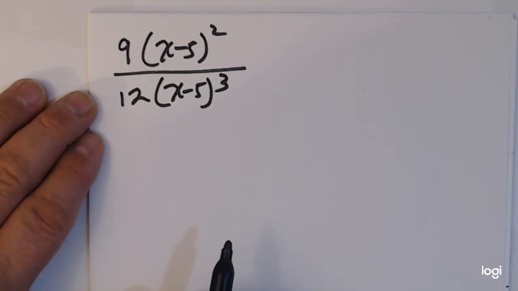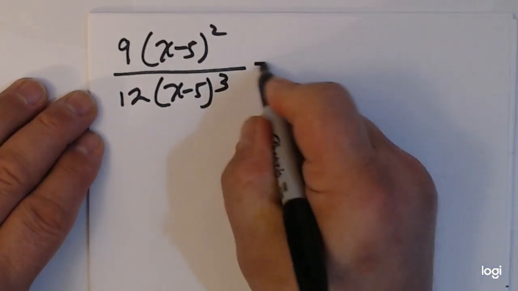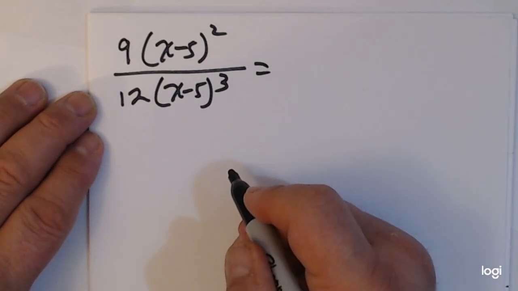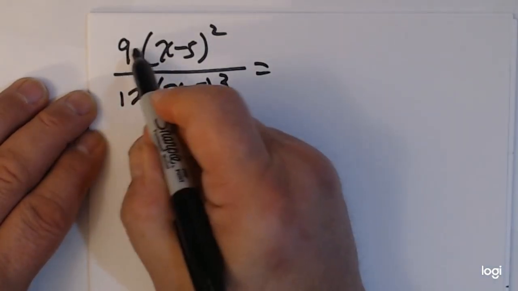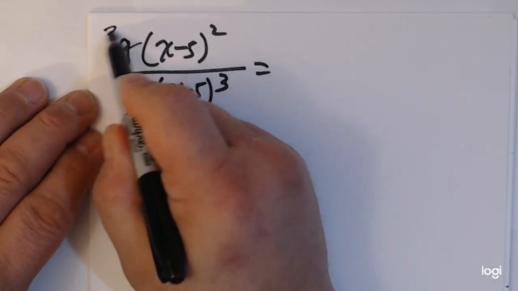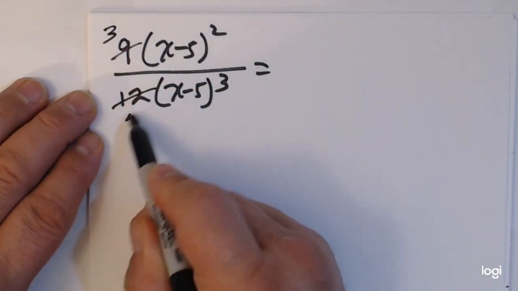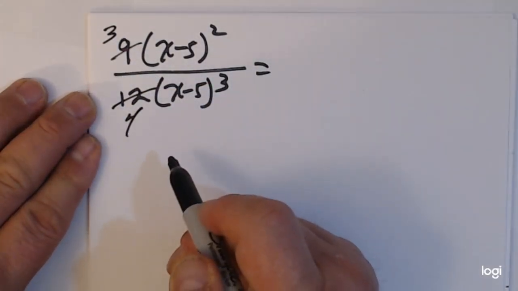All right, so we have 2 different areas where we're going to reduce here. We have 9 over 12. 3 is the GCF here, so 3 goes into 9 3 times. 3 goes into 12 4 times.